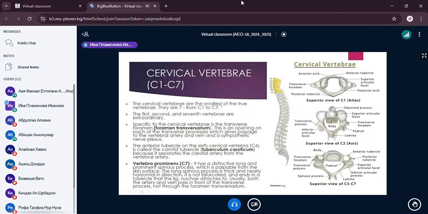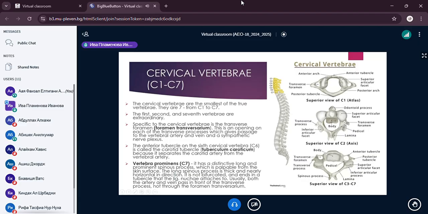Here, you can see the difference between C1, C2, and the other cervical vertebrae. But this here is not C7. I told you that the spinous process of C7 is not bifurcated. On the C1 we have only 2 arches, posterior and anterior, and 2 tubercles, anterior and posterior.